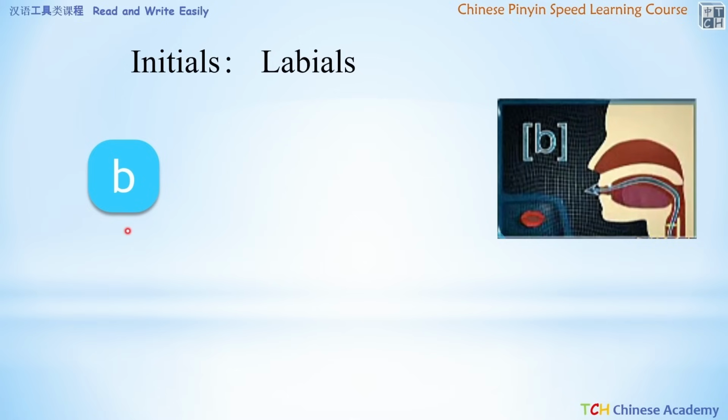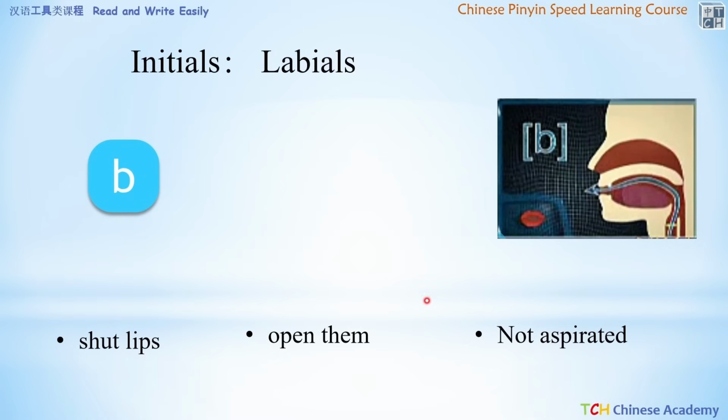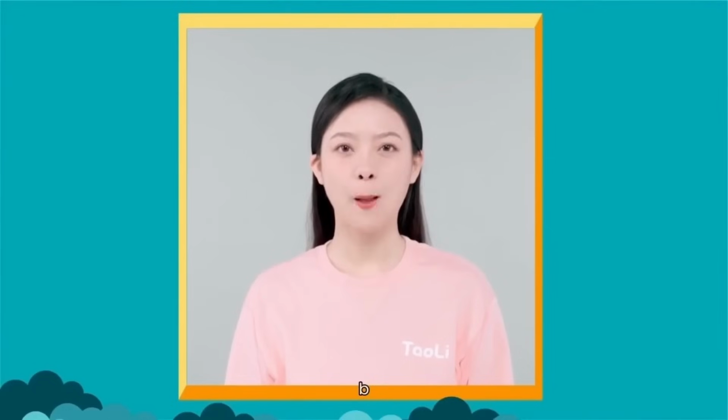When we pronounce this b, we need to shut the lips tight enough to block the air, and then open them and let the air out. And notice this sound is not aspirated, just as we pronounce the English sound in bay.